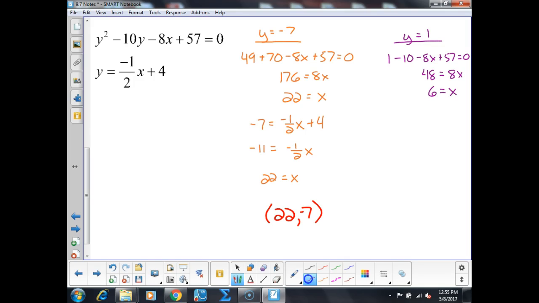In the other one, 1 equals negative 1/2 x plus 4. Subtract 4 is negative 3. Multiply by negative 2 gets me 6 equals x. So that produces the point 6, comma, 1.